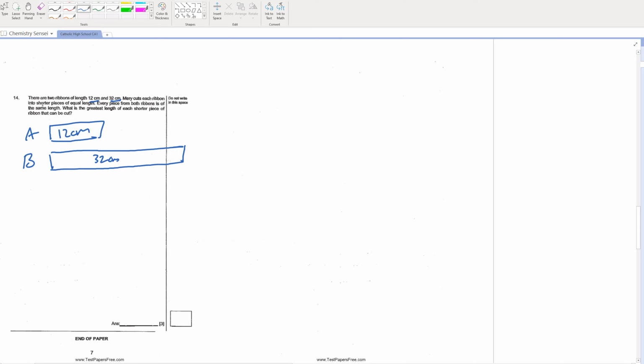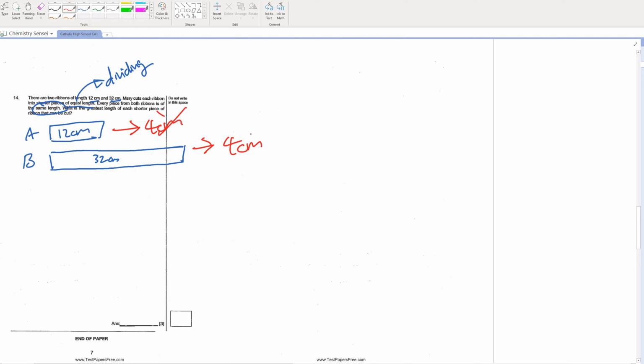Mary cuts each ribbon into shorter pieces of equal length. This tells us that she is dividing the ribbons into equal length. Every piece from both ribbons is of the same length. So this tells us that if she cuts ribbon A by 4 cm, she will cut ribbon B by 4 cm.